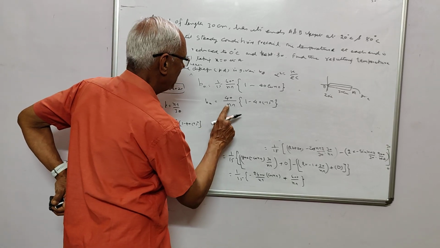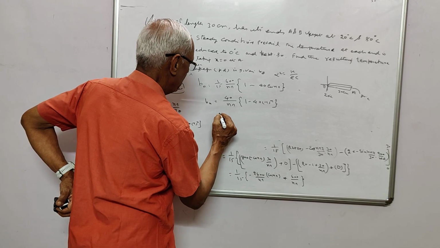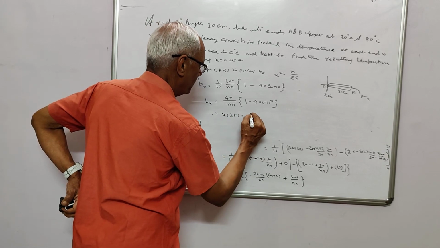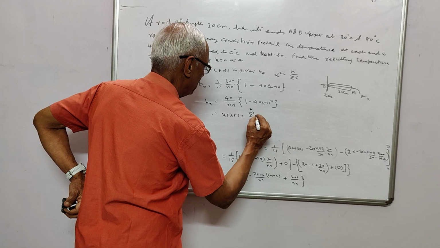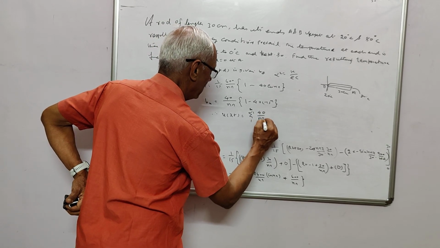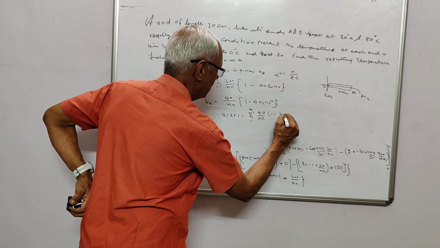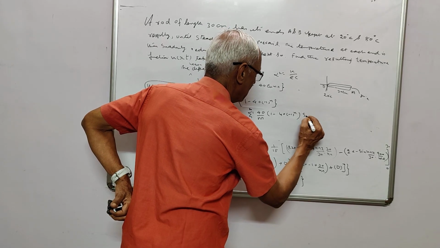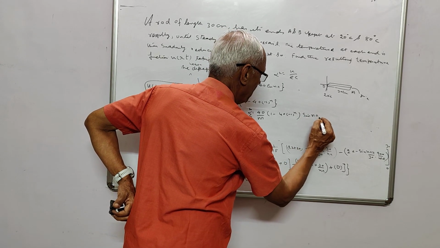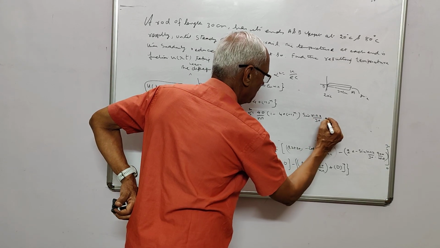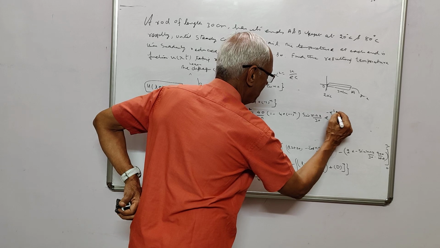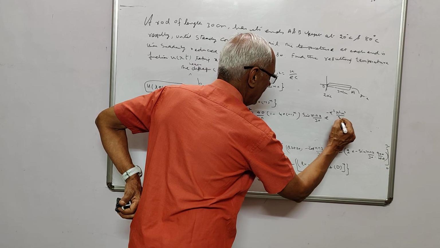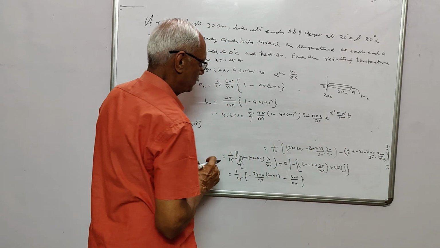And therefore you can write u(x, t) equal to the sum from 1 to infinity of 40 by nπ into (1 minus 4(minus 1)^n) into sin(nπx/30) into e to the power of minus α squared n squared π squared t by 900.